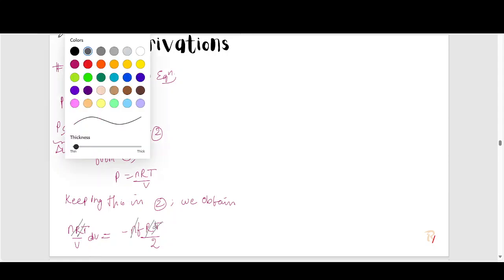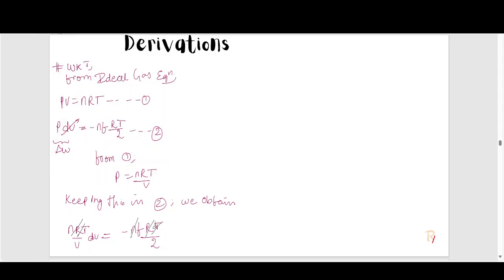Let me take the color. From this we can say, integrating on both sides, with volume V initial and V final, and temperature T initial to T final, gives us the remaining derivation.